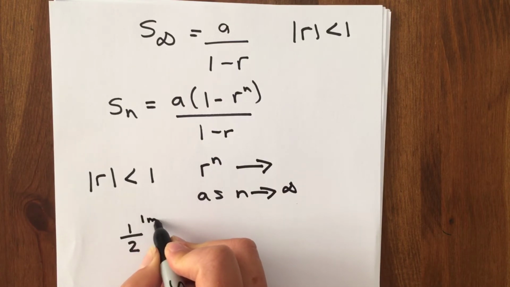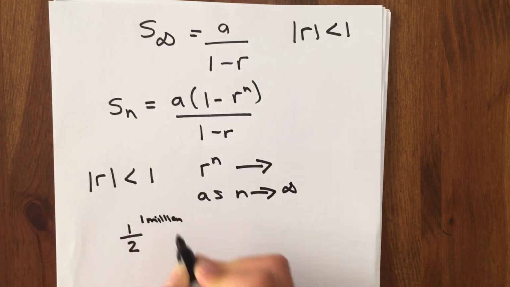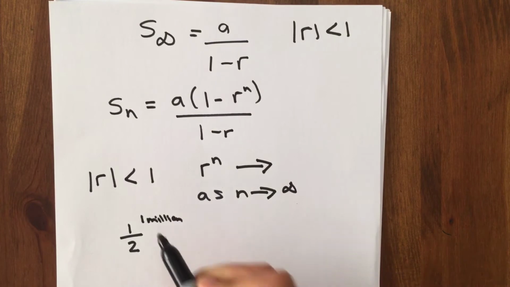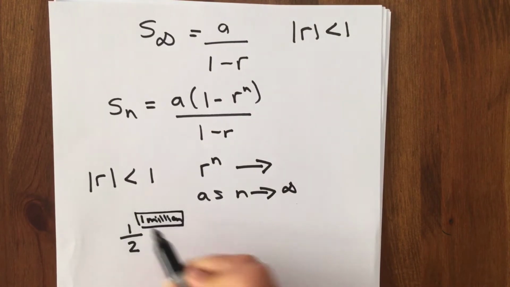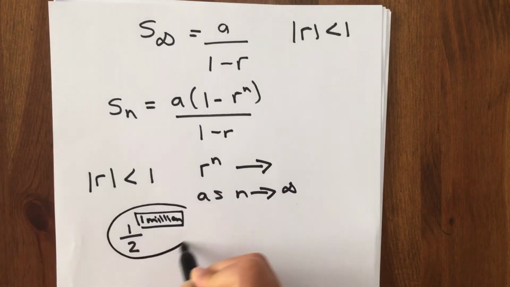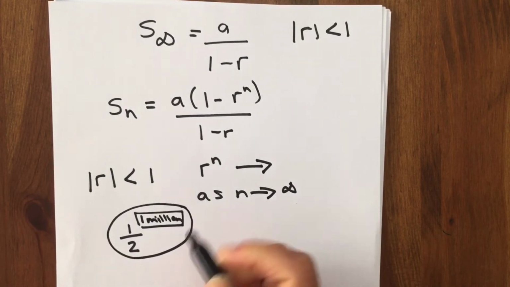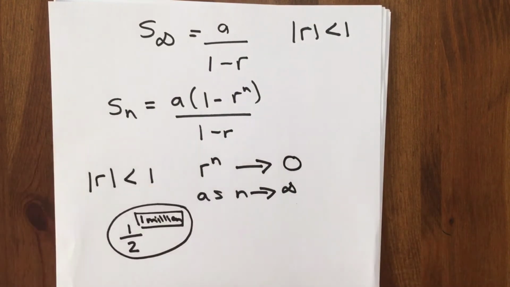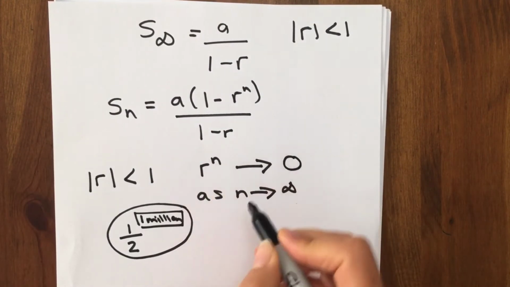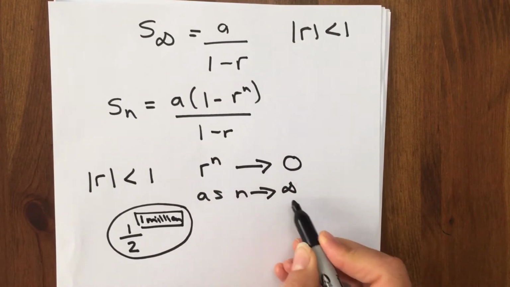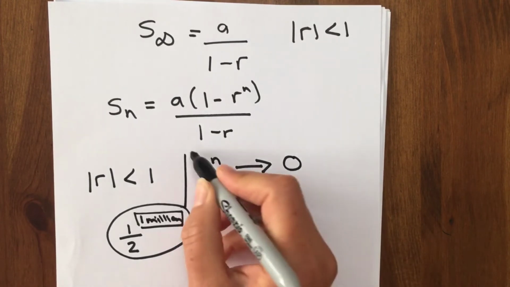If you put that on your calculator, you're going to get a tiny number. As this power gets bigger and bigger, the whole value will get smaller and smaller. We can say r to the power of a huge number, i.e. r to infinity, will tend to naught as n tends to infinity. That's what this explains here.